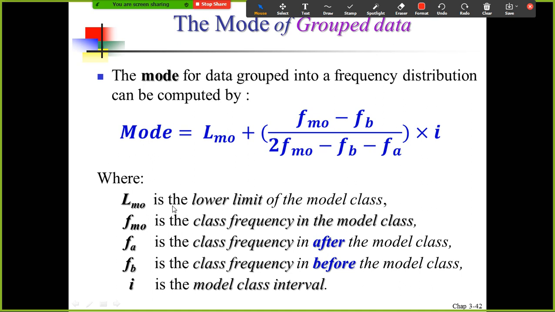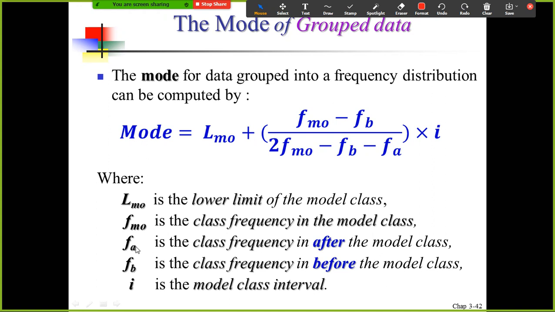L mode is the lower limit of the modal class. The modal class is the class that the mode is inside. That's why if you know which class is the modal class, you can find L mode. If you can find L mode, you can find F mode, because the frequency of that class becomes F mode.